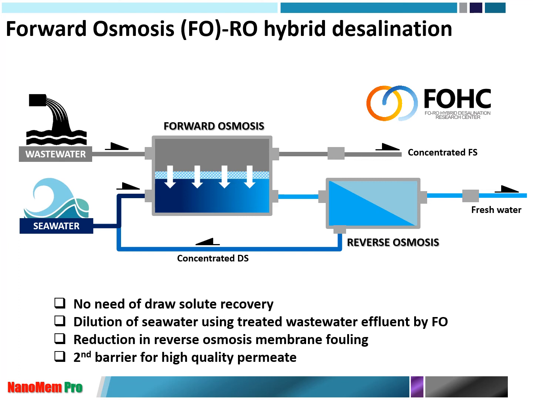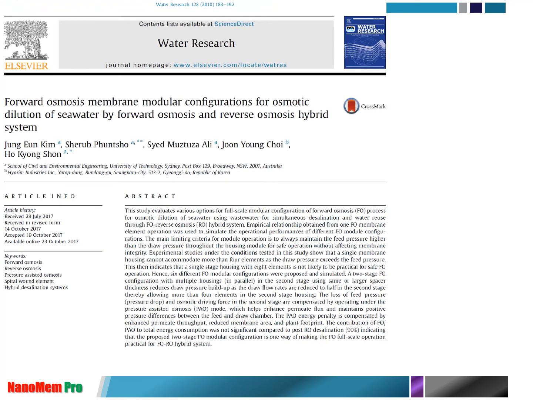So this process does not require draw solution recovery, and it dilutes seawater using treated wastewater effluent by forward osmosis, reducing RO membrane fouling. Also, we can achieve a second barrier for high quality permeate.